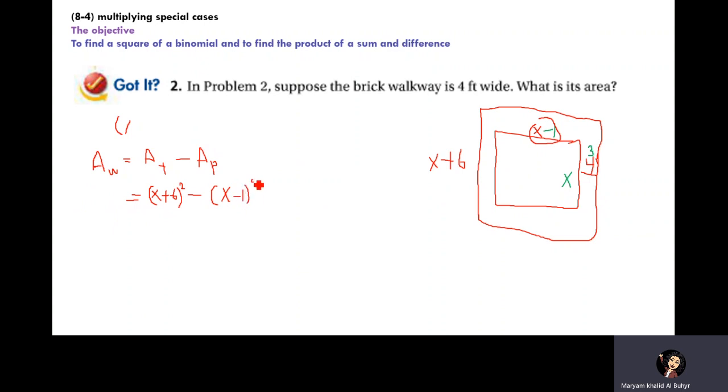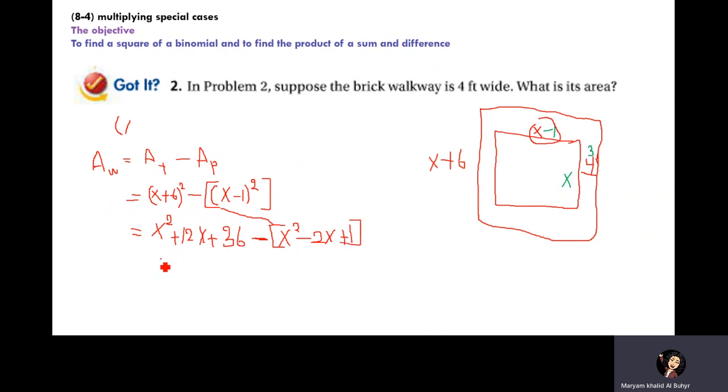I hope you understand why I said this is minus 1. That will be exactly the same exercise that I did. So that will be x to the power 2 plus 12x plus 36. For this part, I must keep the minus and put my big square: x squared minus 2x, we just did it also, plus 1.